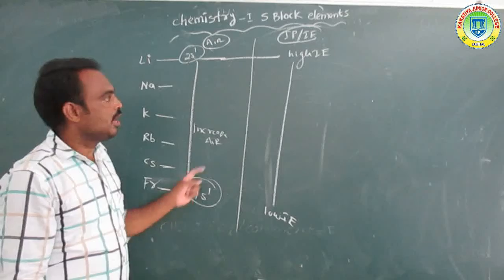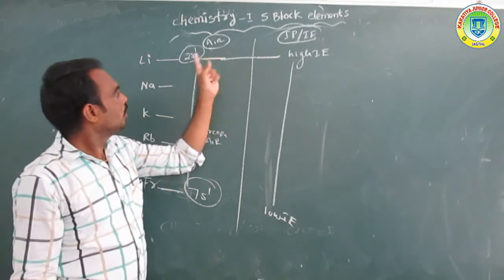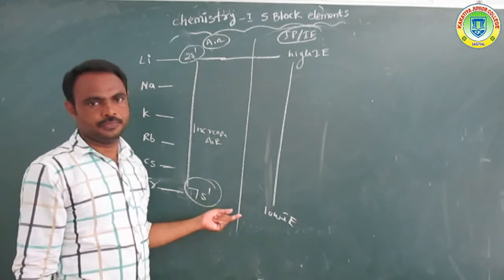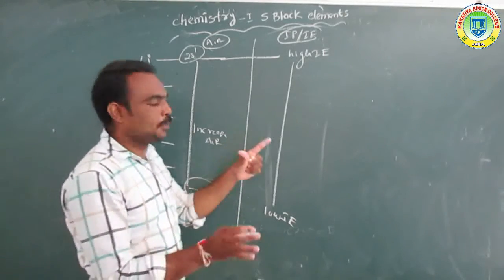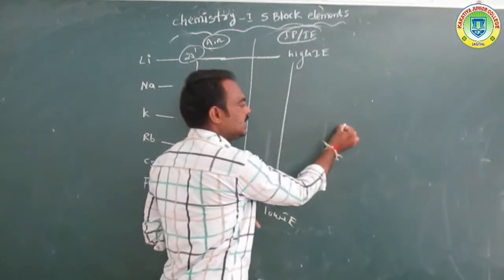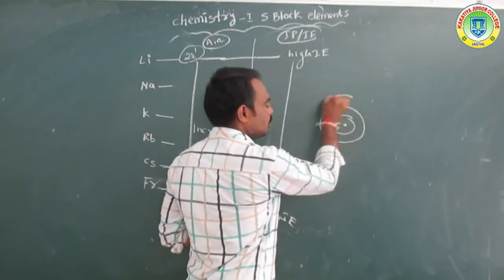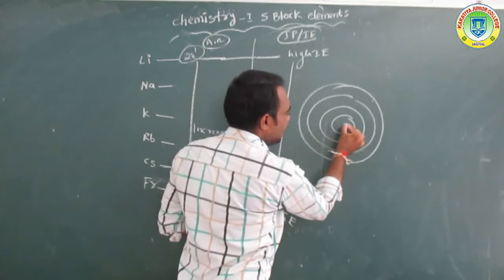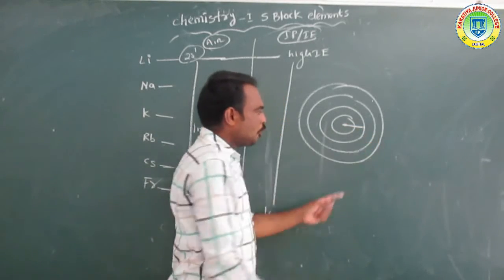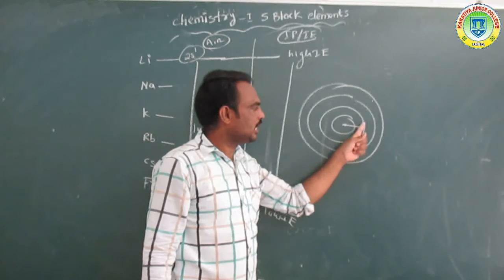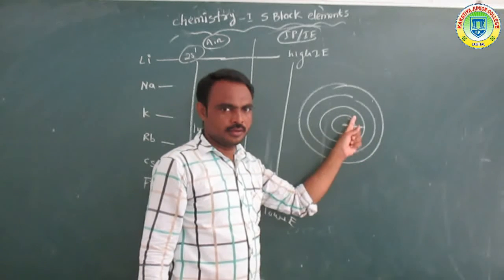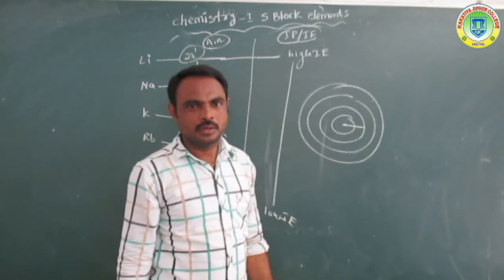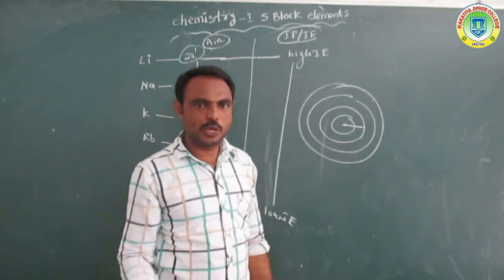Francium. Very low for francium, very high for lithium. Because suppose it is central, so there are shells. We are taking lithium, the outermost orbital electron is in the second shell. What is the electronic configuration? Outermost electronic configuration 2s1.